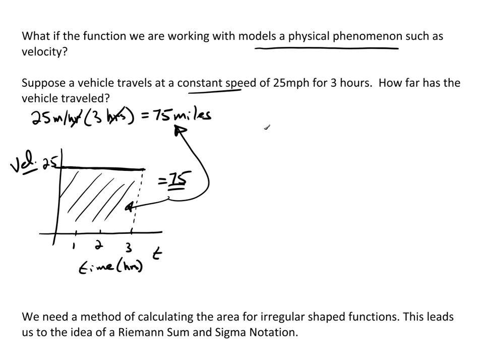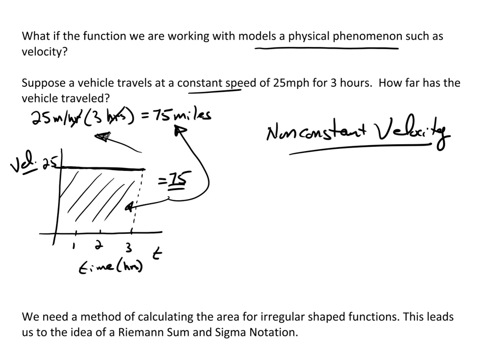So suppose velocity was non-constant. See, something like this, a fifth grader could calculate. But what if I had a function for 3 hours? 1, 2, 3 hours. Here's a time axis.